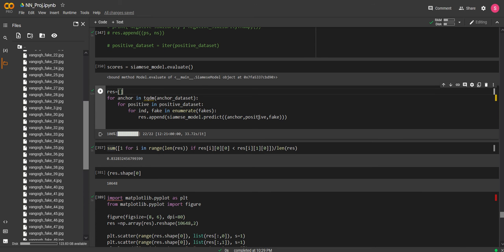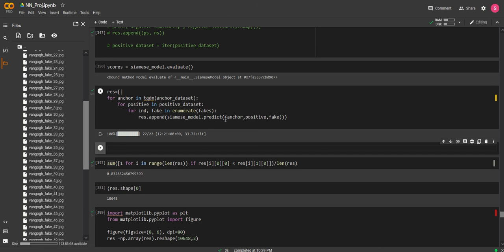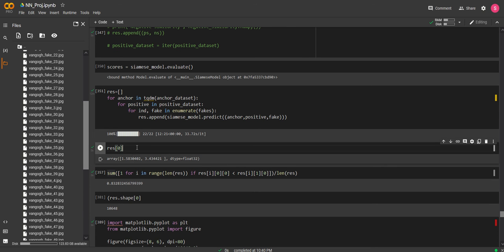The output of the model is of this form. If I create a new cell here, you can see that result of 0 is a NumPy array. It contains two values. The first value is the distance between the anchor and the positive, and the second is the anchor and the negative.